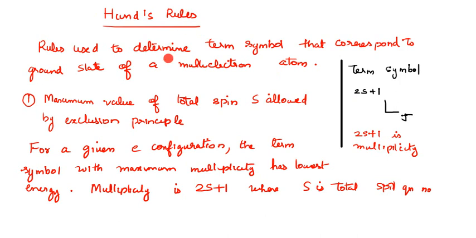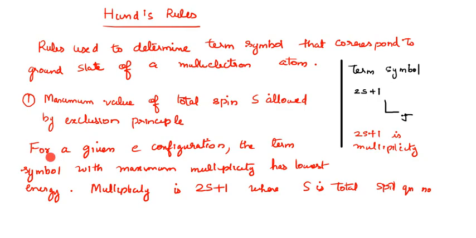There are three rules in this, and the first one is the maximum value of total spin S allowed by the exclusion principle. How to determine this multiplicity, or 2S plus 1? This S value is given by the first rule.